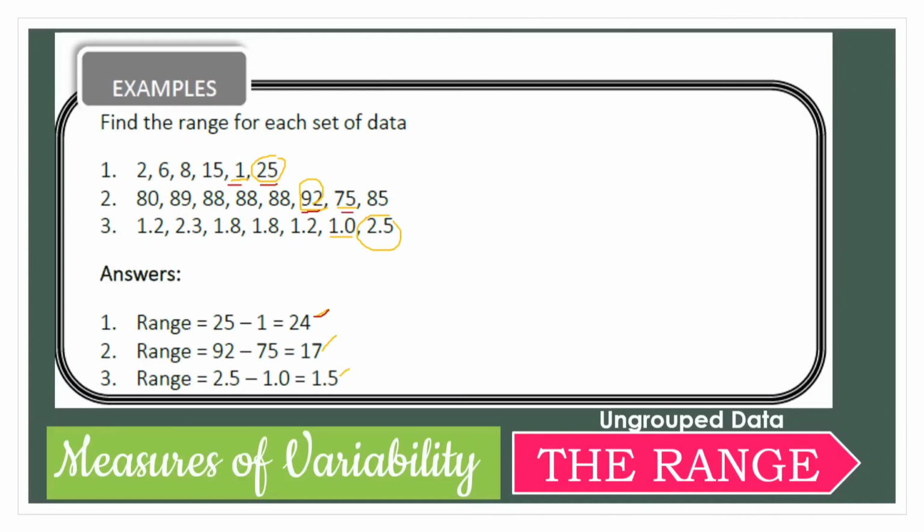Subtracting those two, 92 minus 75 is equal to 17. Number 3, the largest decimal is 2.5 and the lowest is 1.0. Subtracting those two, the difference is 1.5, so that is the range of the data in number 3.